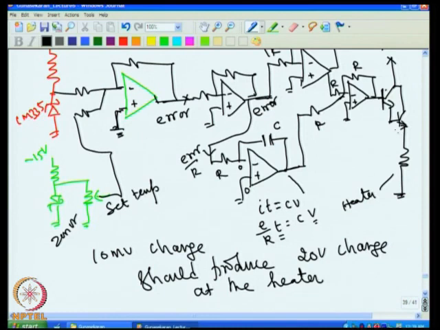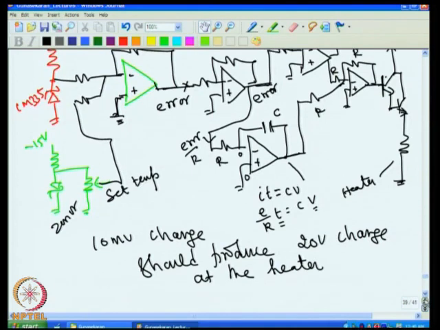Because 20 volt change at the heater will change the temperature by 100 degree, but we know 1 degree change gives us 10 millivolt by this sensor. That means if I want a temperature gain of 100, then 1 degree change should produce a voltage change corresponding to 100 degree change. That means 10 millivolt change should produce 20 volt change. This works out to 2000 gain.